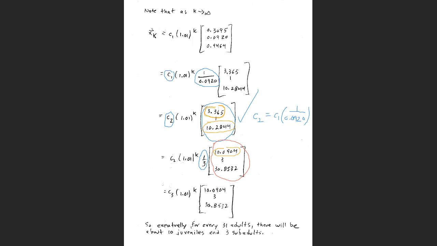And then the 1/3 times the C2 here, I'll call C3. So C3 is equal to 1/3 times C2.